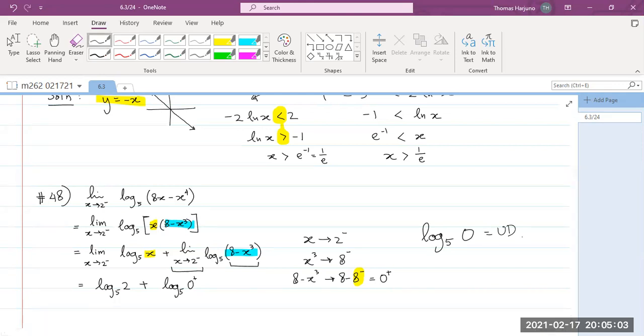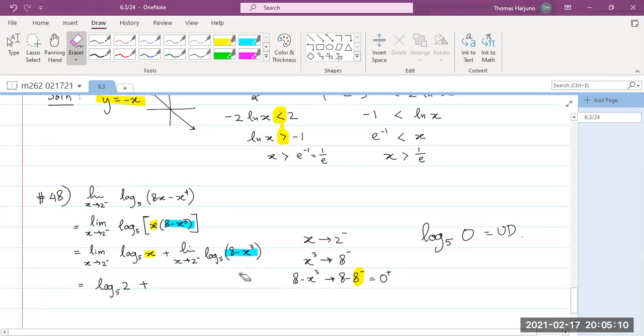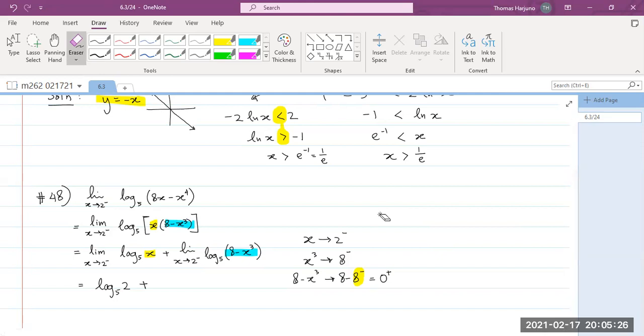So plugging in x equals 2, while actually x is approaching 2, not equal to 2, will give you an undefined answer, and that's not what you're supposed to do. How would I be able to recognize that? I probably wouldn't have recognized that log base 5 of 0 would be undefined.